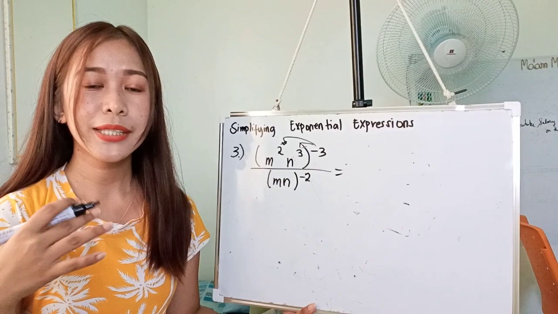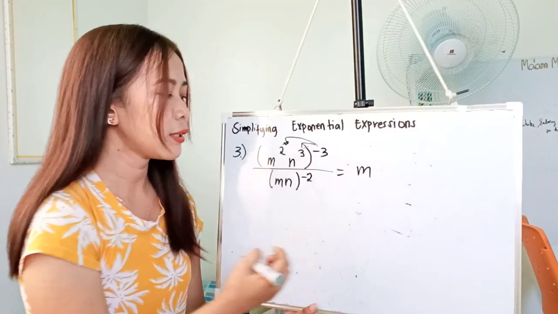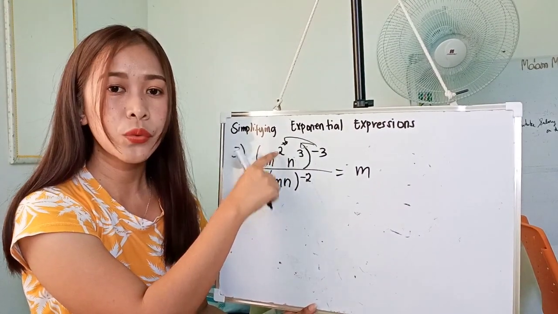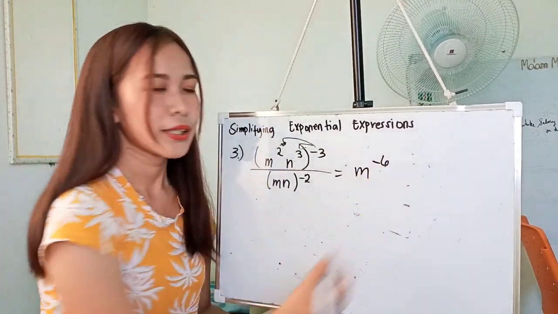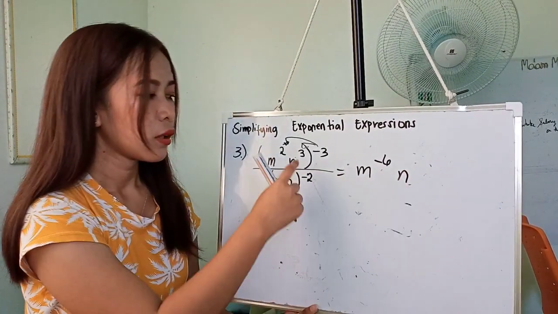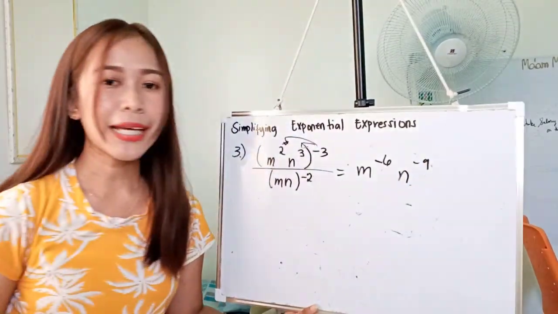Okay? So, that is a power of a power rule. Kuhanin natin tong m. Therefore, we have negative 3 times positive 2. That is negative 6. Okay? Kunin natin tong n. 3 times negative 3, that is negative 9.